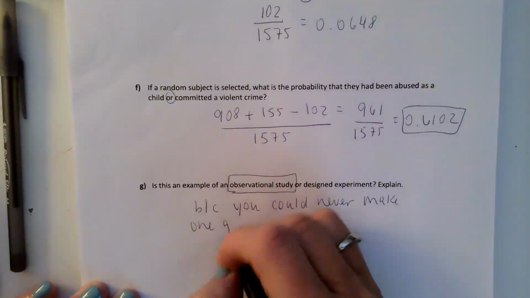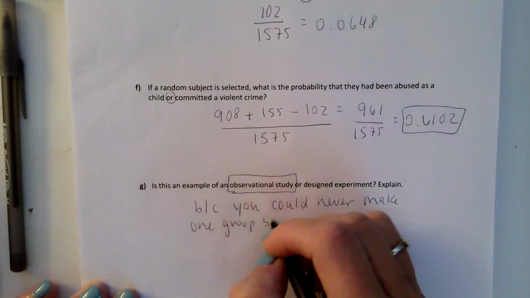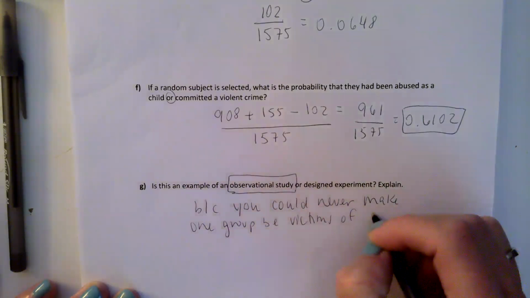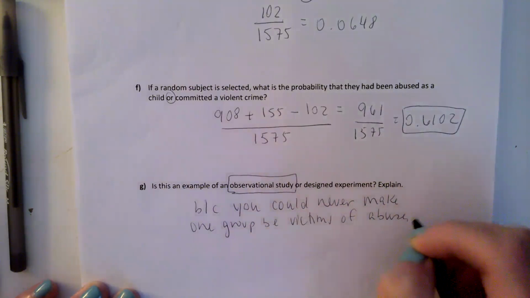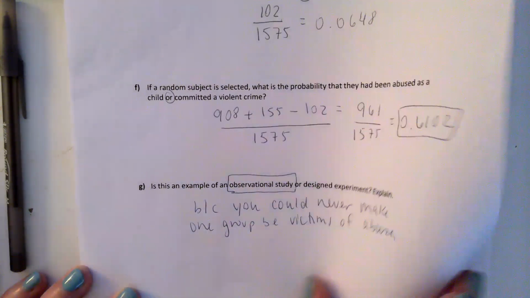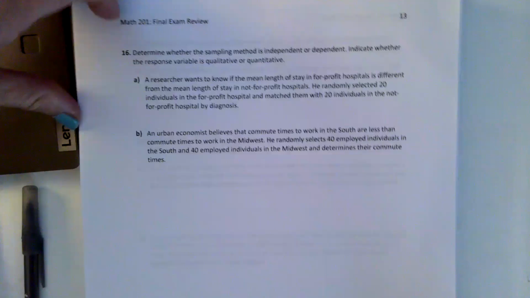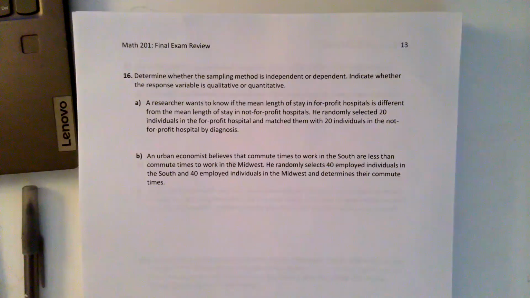You can never make one group be victims of abuse. That would not be ethical. Okay, we're going to skip ahead. I'm skipping to problem 16 to keep some other problems that are similar together.